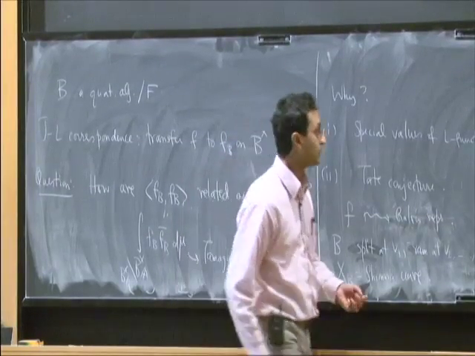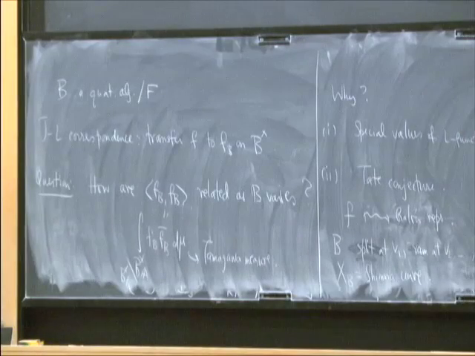But more generally, let sigma infinity be the set of infinite places of F, and let sigma infinity B be the set of infinite places where B is ramified.